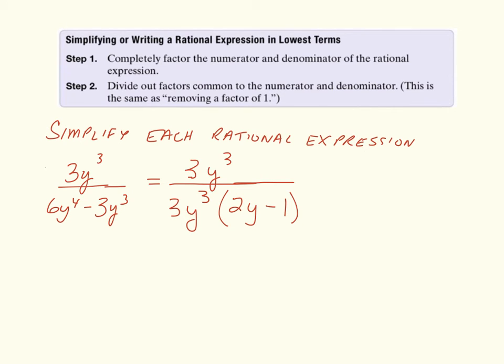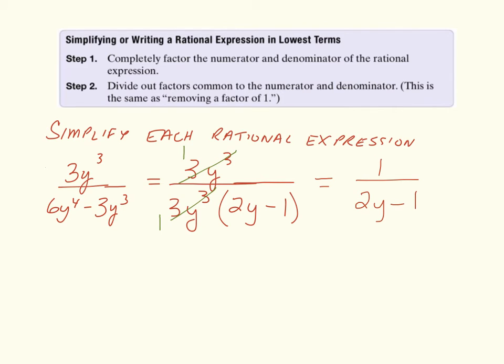Now look at what you have in the numerator and the denominator that are common. Okay? The 3y cubed and 3y cubed cancel, but they both become 1s. Be very careful that you put the 1 there, otherwise you will think there's nothing left at the top. But there is the 1. But it's 1 over 2y minus 1.